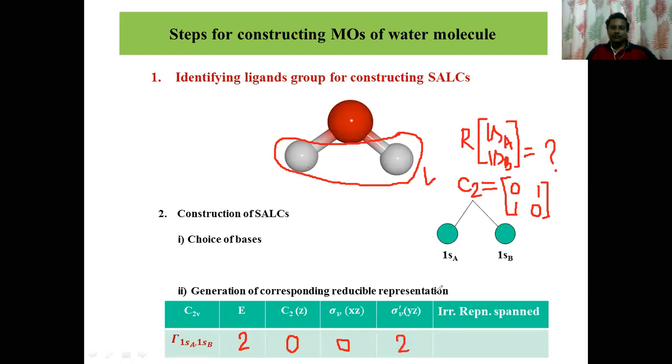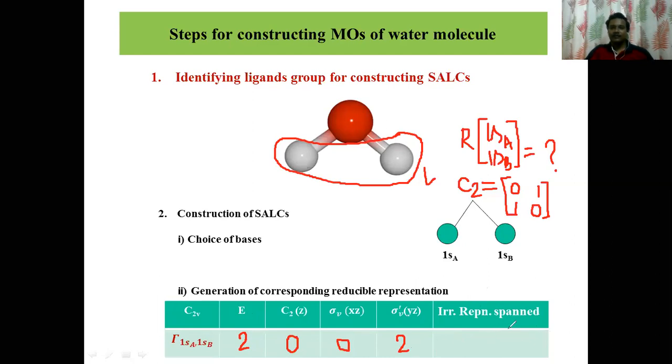Okay. So now that we got the reducible representation based on these basis, 1s A, 1s B. Now, if I reduce this, I should be getting the irreducible representation, and that has to be 2-dimensional because its identity is having 2. So any two of the irreducible representations of the C2v point group are going to combine and they're going to give this, right?